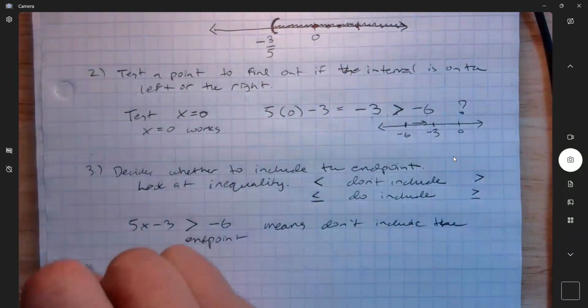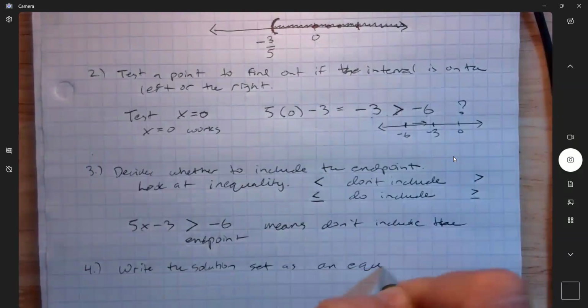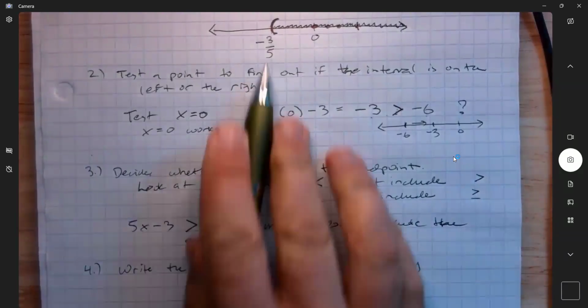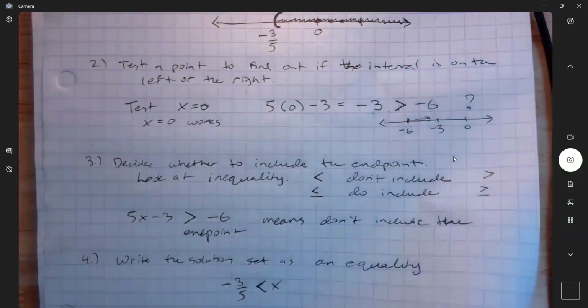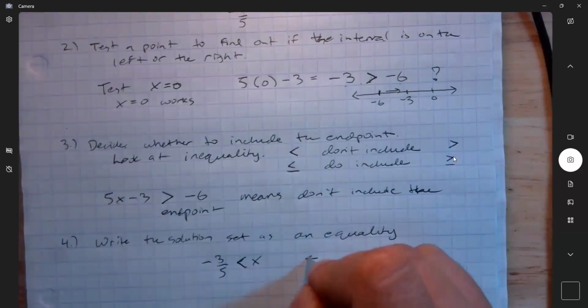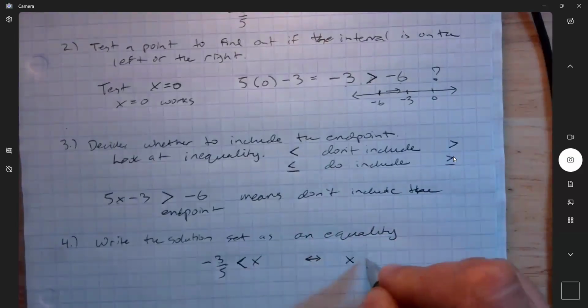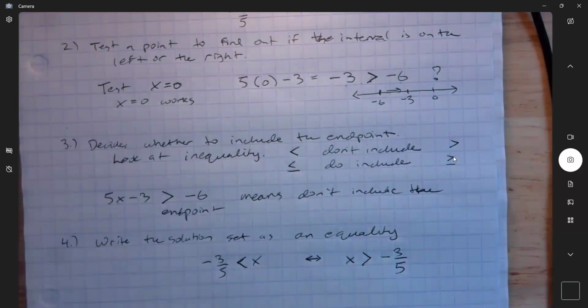Aha. So now if you want to write the solution set as an inequality, you take your number line and you say, okay, well, the endpoint was -3/5, and x always had to be bigger than that. That's my solution set, which I could also write as x is greater than -3/5, right? Because those two are equivalent.